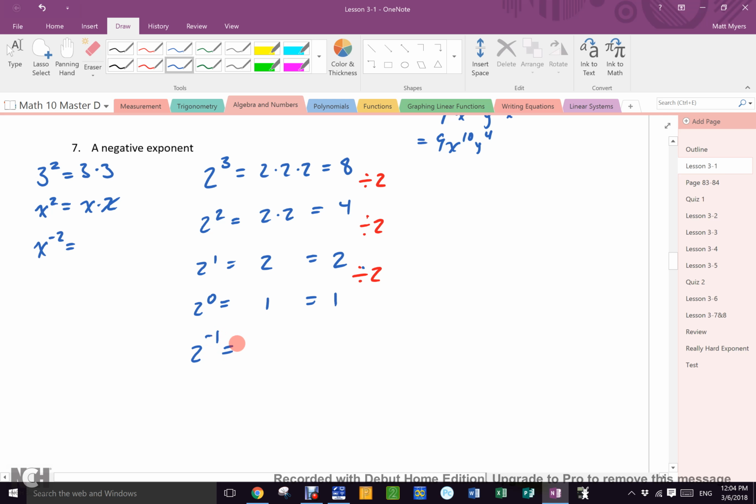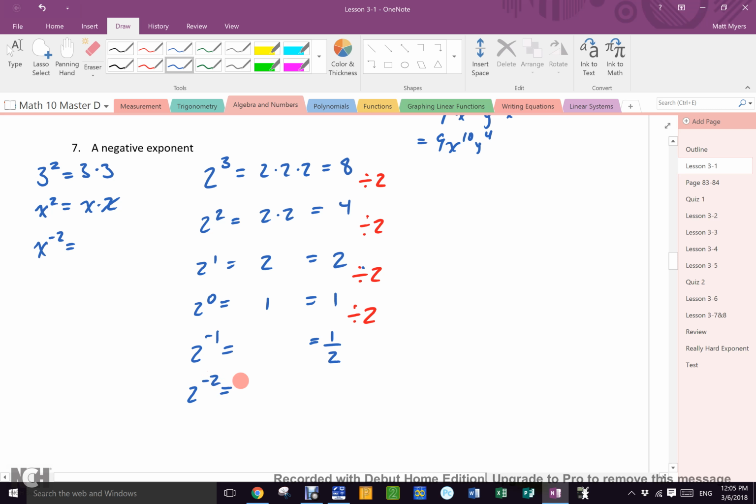2 to the negative 1. We can't evaluate that because it makes no sense. But we do know that over here, we must divide by 2. 1 over 2. What's the next logical exponent?